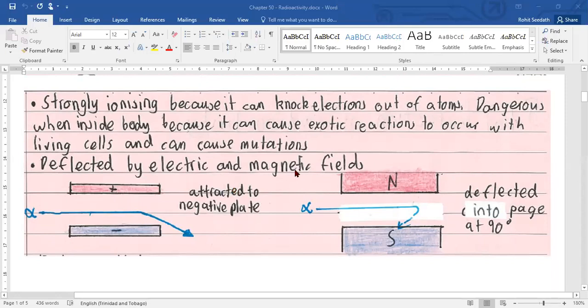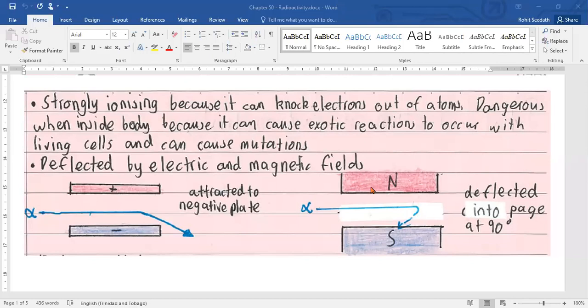Now, deflection in electric and magnetic fields. If you pass alpha particles through an electric field between a positive and a negative plate, it goes towards the negative plate. However, if you place it between a north pole and a south pole, in a magnetic field, it makes a 90 degree deflection into the page.